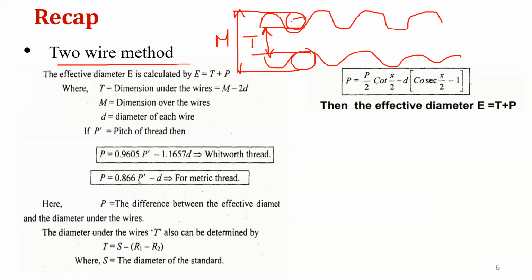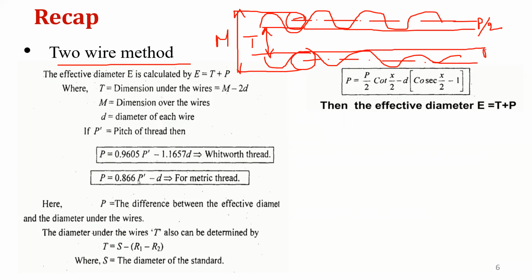So this is the pitch line. This is P by 2, and this is also P by 2. Here P is the correction factor.